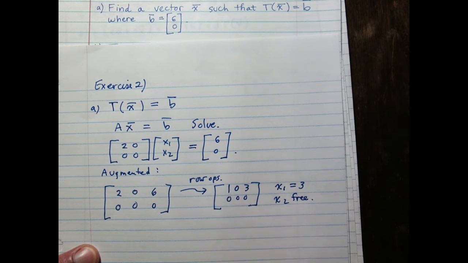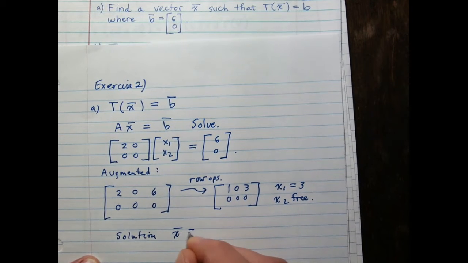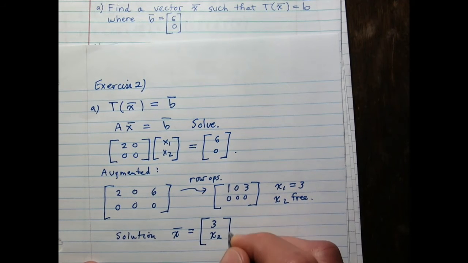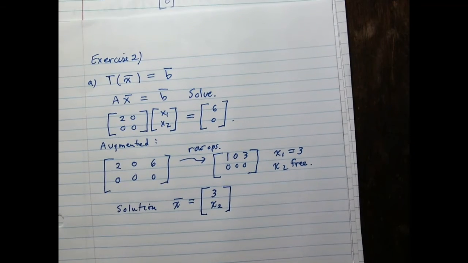I have only one pivot position. And so my solution x can be written as, well, x1 has to be equal to 3. x2 can be anything, okay?